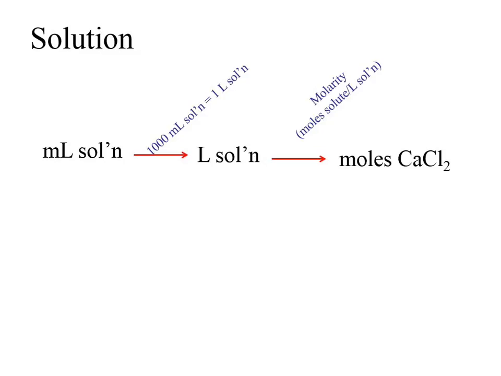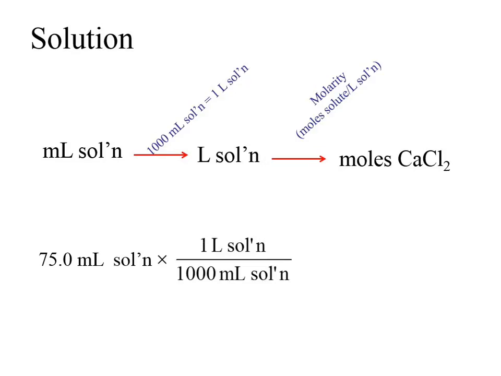So the first term is going to be, with 3 sig figs, 75.0 milliliters of solution. What's the next term going to be? 1,000 milliliters on bottom. Yep, very good. 1,000 milliliters on bottom, 1 liter on top. Perfect.